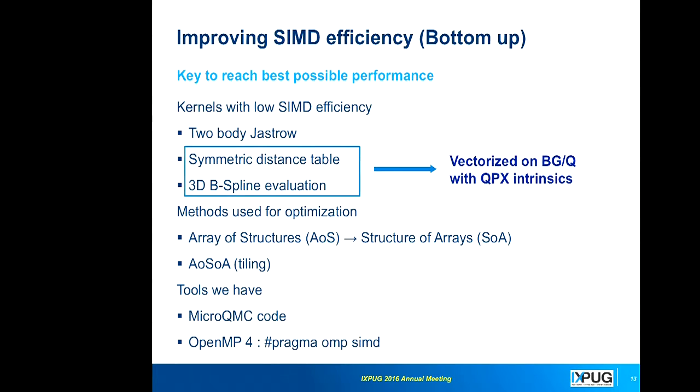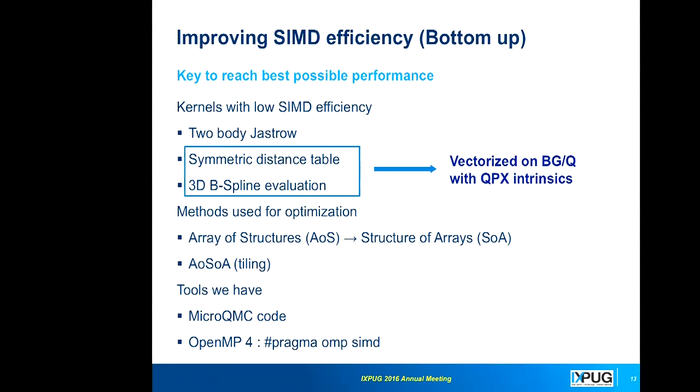The other route we take with our code is the bottom-up method. We know where the hot spots are, and in the past we tuned some of them for BGQ with QPX intrinsics. The algorithm is portable, we know how to make it portable, but the implementation is limited by the intrinsics, so we cannot directly reuse it.